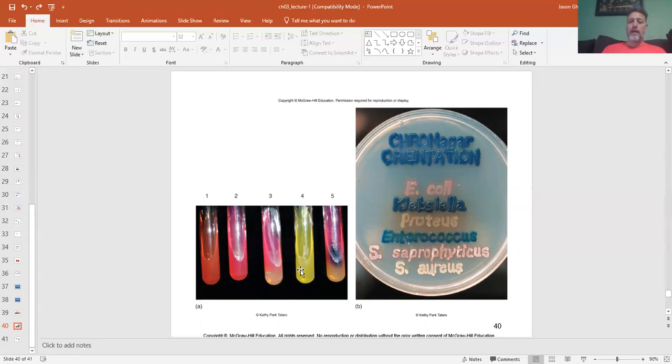This fourth one is a bacteria that grew and had acid production throughout the tube. That's why it's yellow. On this fifth one, again, you had a bacteria grow, kind of sit in the middle here. You had acid production in the butt, so it lowered the pH. And notice this black region here. That's because the bacteria are reacting with the iron and producing hydrogen sulfide. And again, here's that chromagar. You've seen that one.